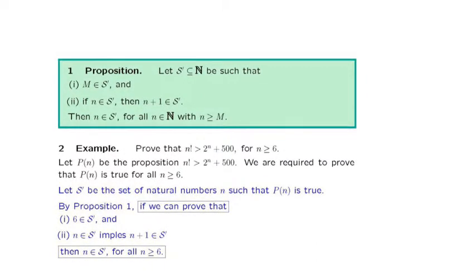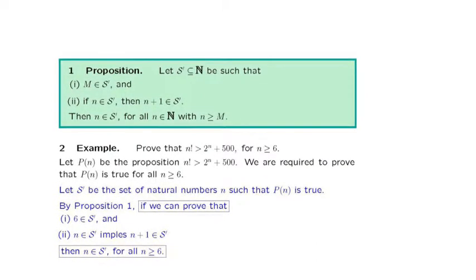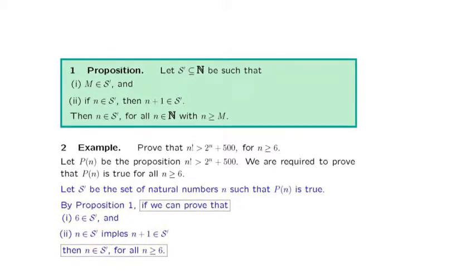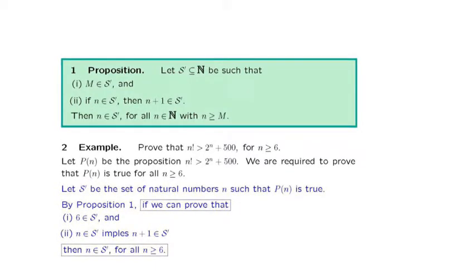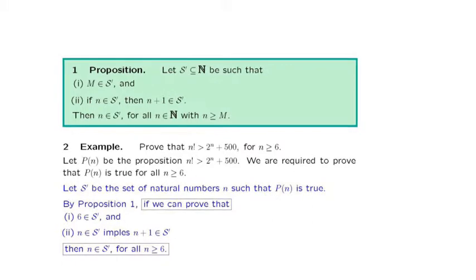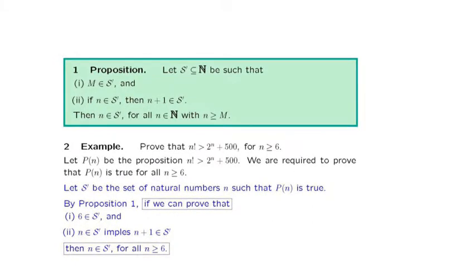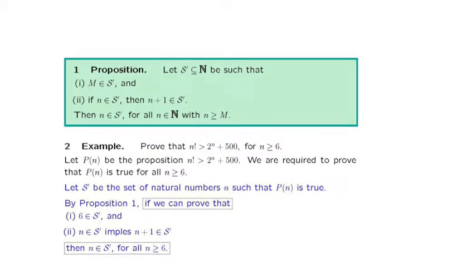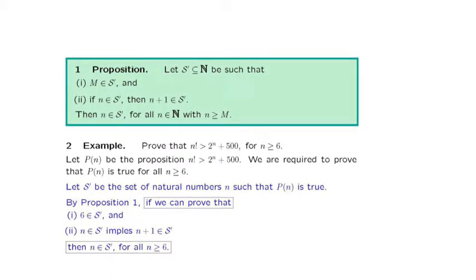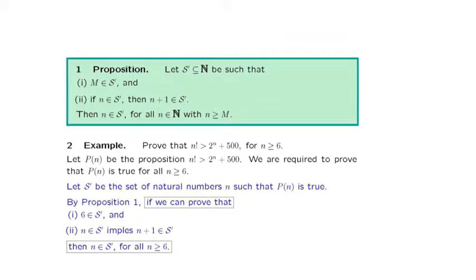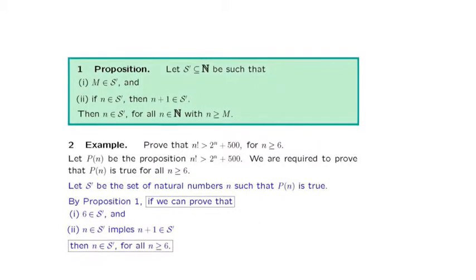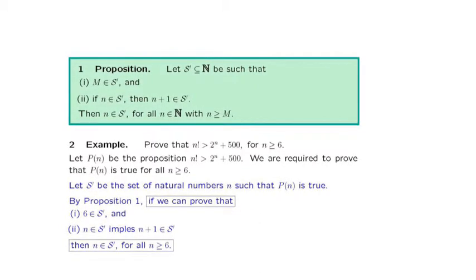By proposition 1 above, if we can prove that, firstly, 6 is in S prime, so 6 is our m, and secondly, n belongs to S prime implies n plus 1 belongs to S prime, then proposition 1 will tell us n belongs to S prime for all n greater than or equal to 6.